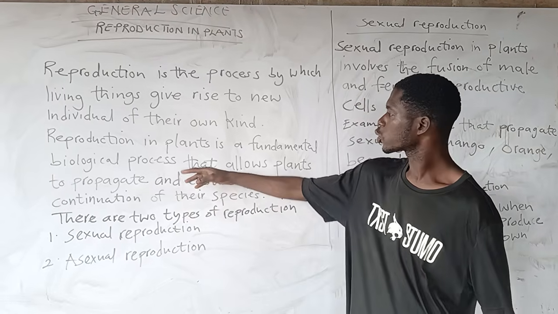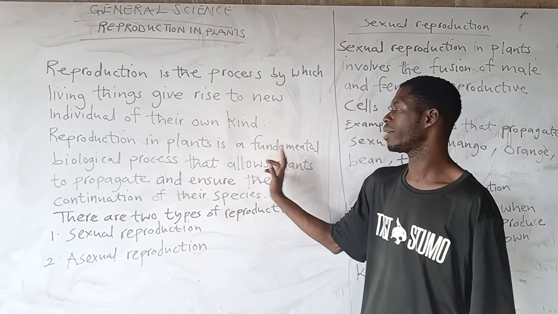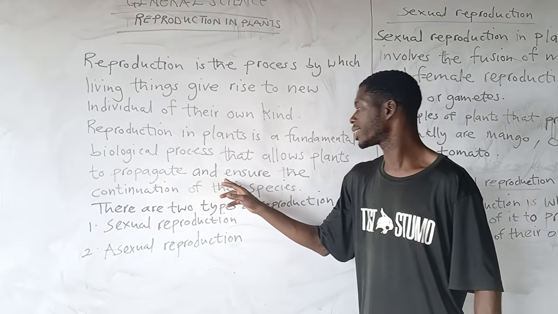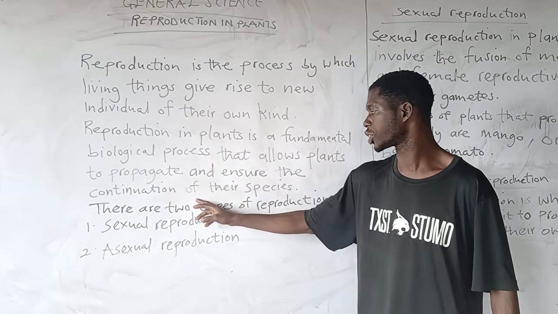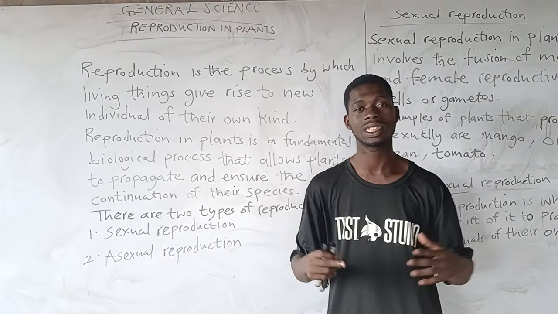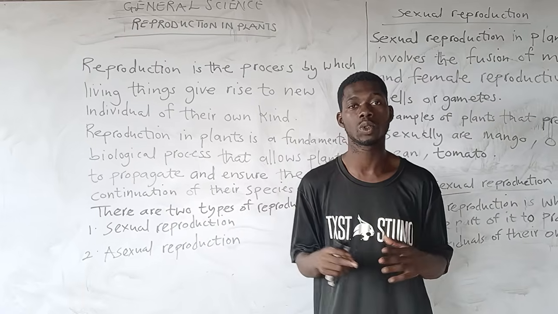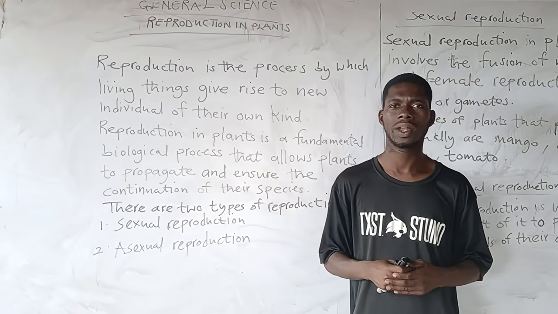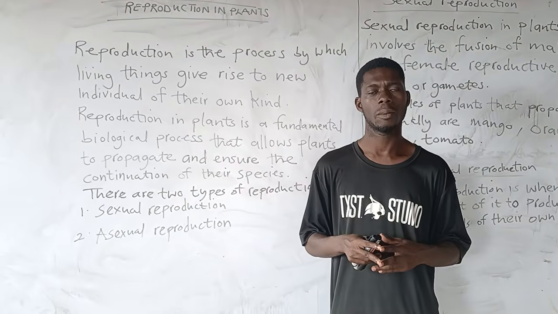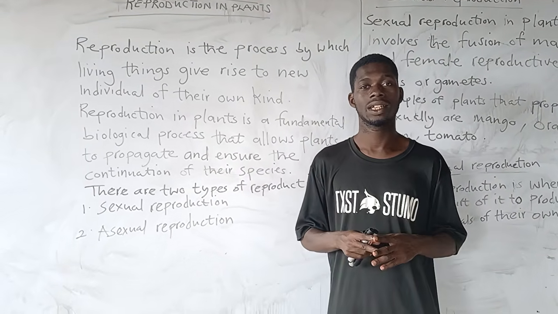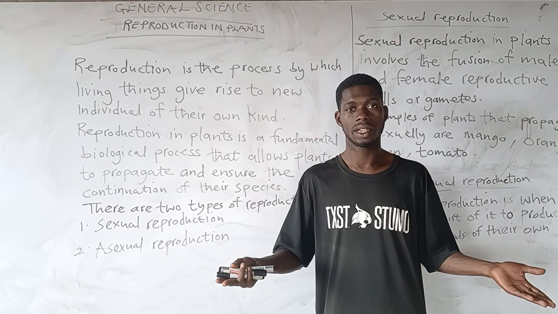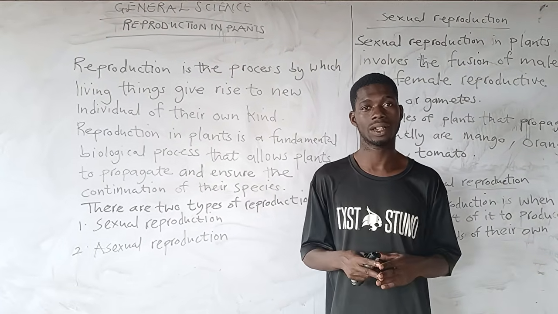Reproduction in plants is a fundamental biological process that allows plants to propagate and ensure the continuation of their species. Because if there is no reproduction and the parent plant dies out, there won't be any new individual to succeed it.